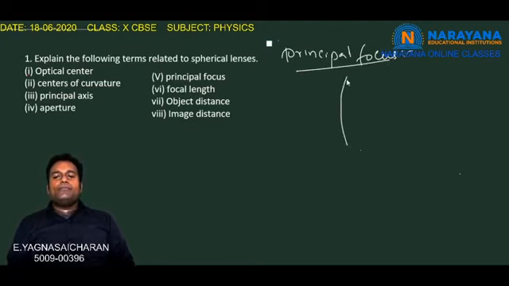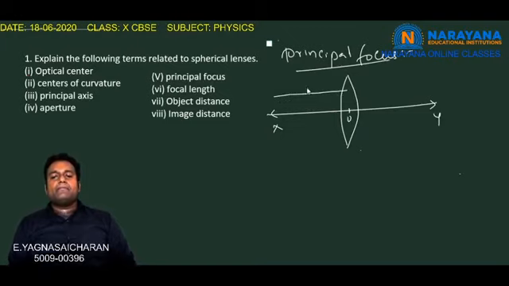So in the case of a convex lens, if we consider this is the principal axis and it is the optical center, let us consider a parallel beam of light or a paraxial ray. After refraction, the paraxial ray intersects the principal axis at a point, and this point is known as focus.